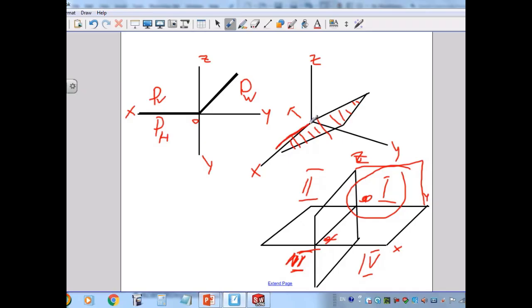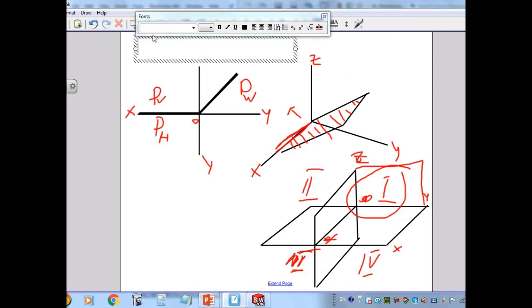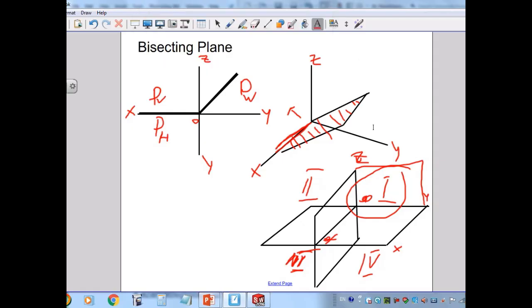So like this here, and this is called a bisecting plane. It cuts only one quadrant, or 1/4 of the 3D space.